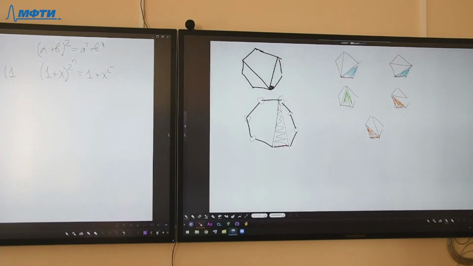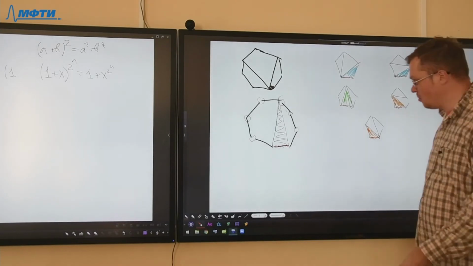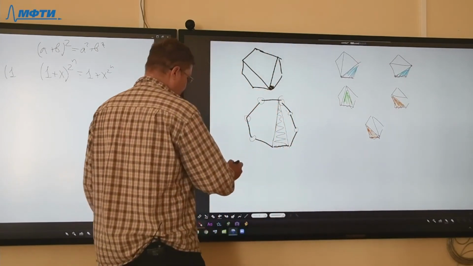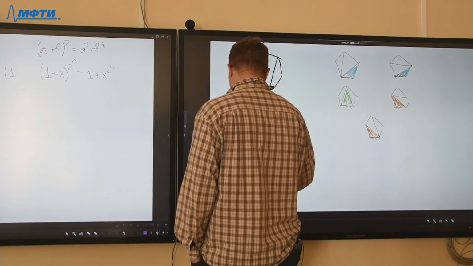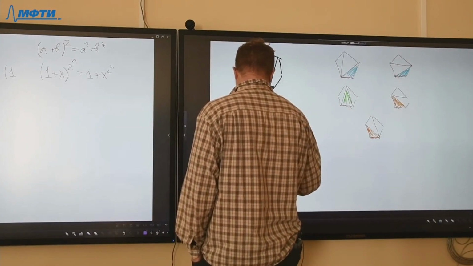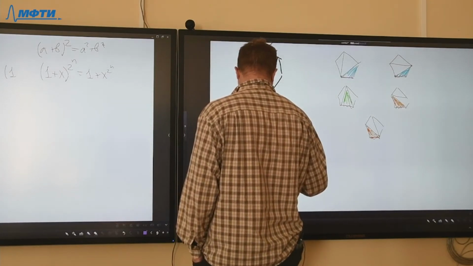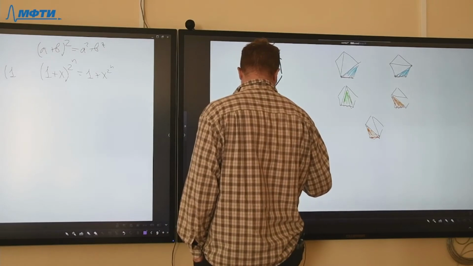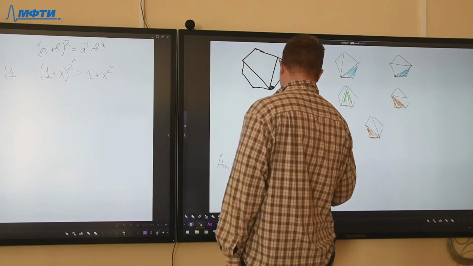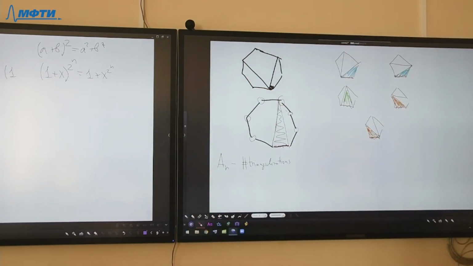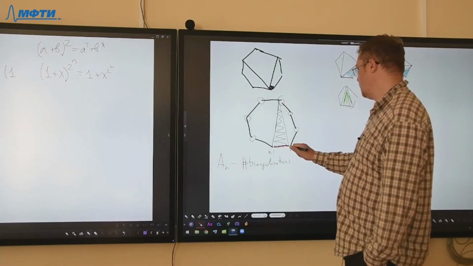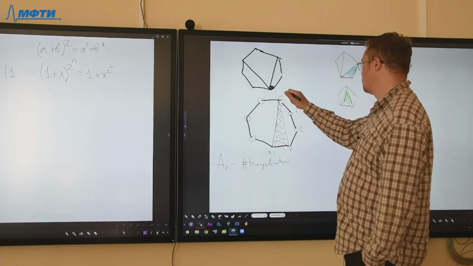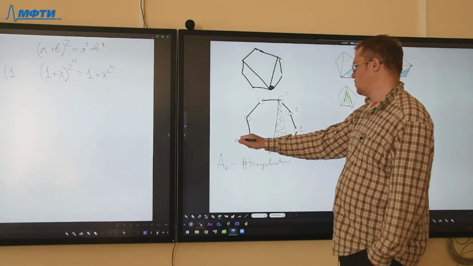So again, I just need to write the formula. If I denote by a_n the number of triangulations, then for example, this vertex will be n minus 1 and n, and here I'll have 1, 2, 3, etc., n minus 2.